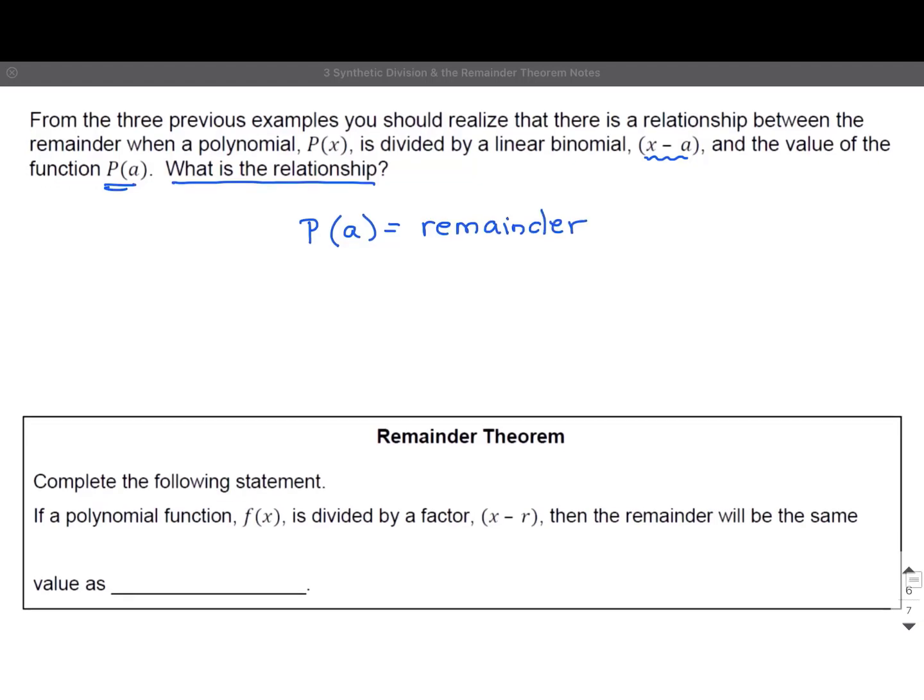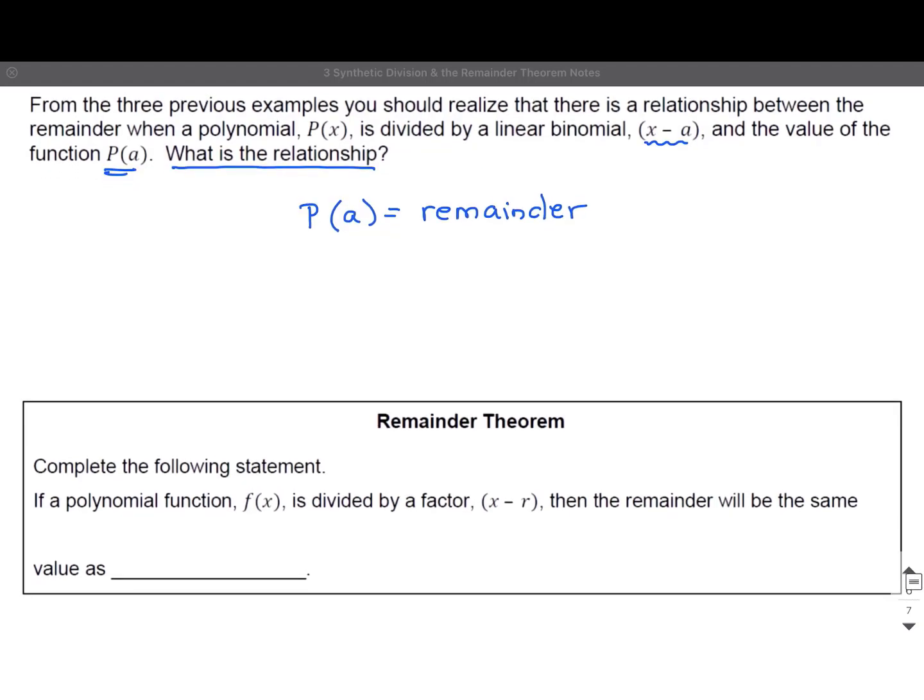So the remainder theorem says if a polynomial function f of x is divided by a factor x minus r, then the remainder will be the same value as f of r, because in this case, the root of x minus r is r. And you plug that into the function, and it will give you the value of the remainder.